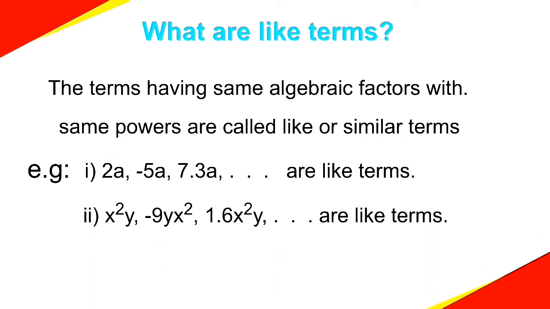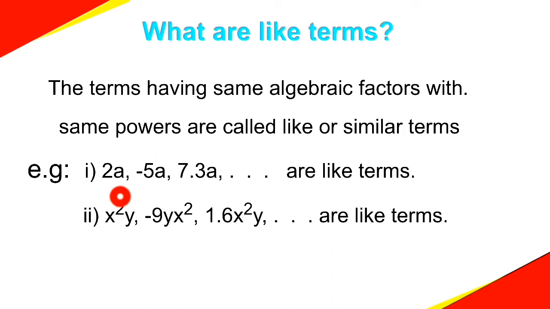Now we are going to take one more example. x square y is a term, minus 9 y x square is also a term, 1.6 x square y is also a term. Now in these three terms, what is the common factor we can observe?